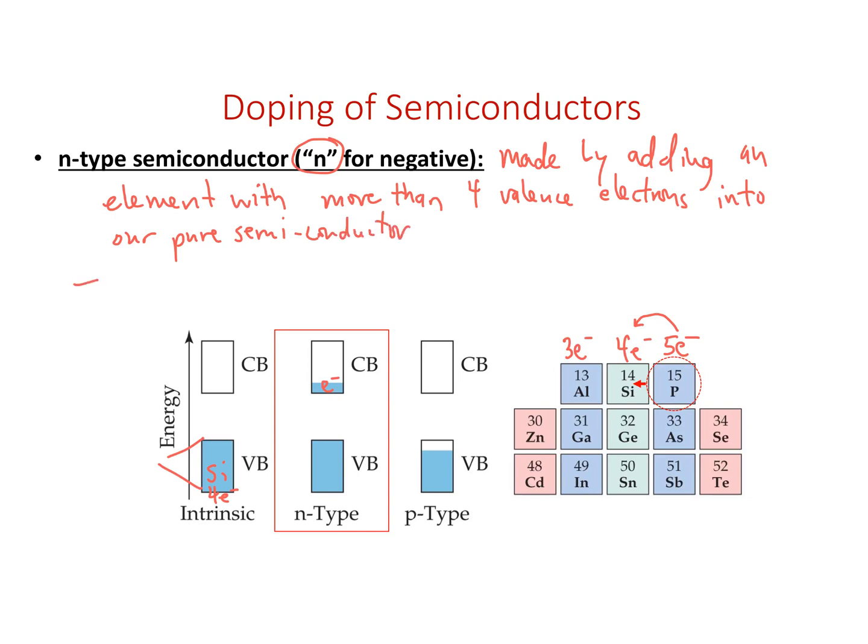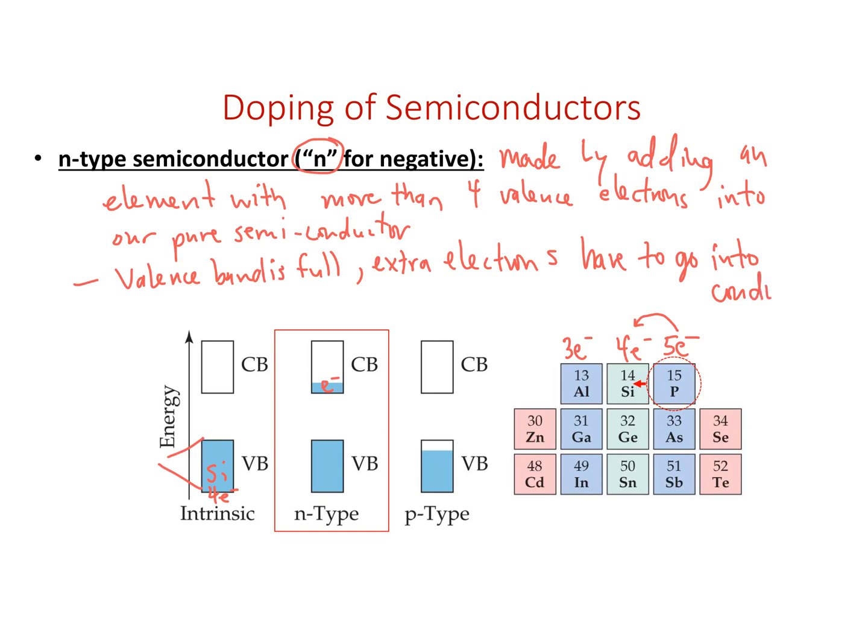So what happens? The valence band is full. The extra electrons go into the conduction band. So we've changed that energy gap. We've changed that band gap.